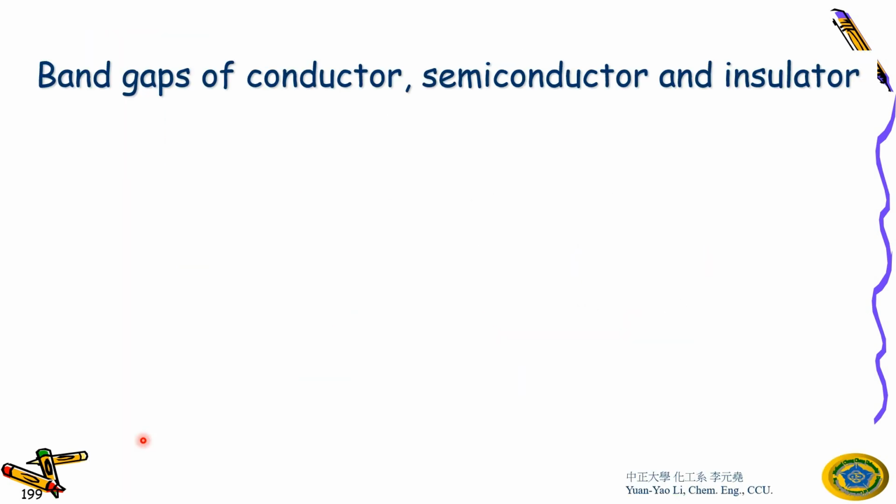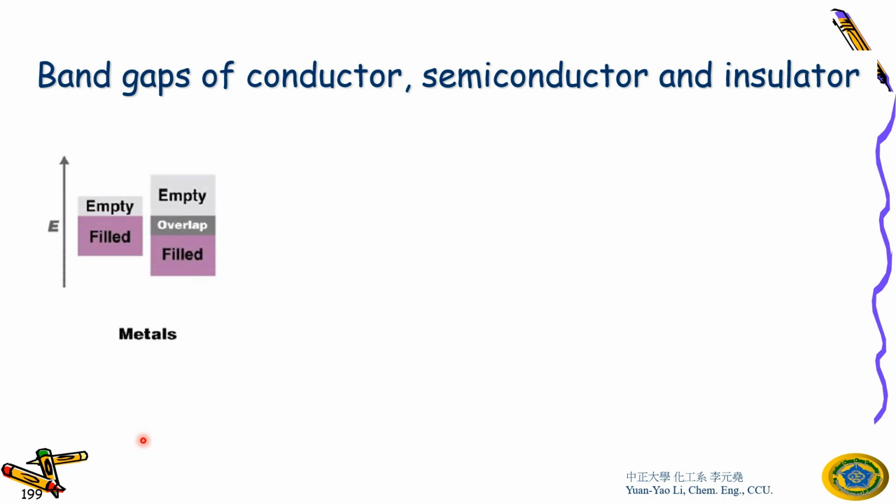Okay, the band gap of conductor, semiconductor, and insulator. This is metal, so empty. There are some overlaps. There are two types of metals. One is a filled band with an empty band, and the other is where s and p overlap, so the band gap is 0.